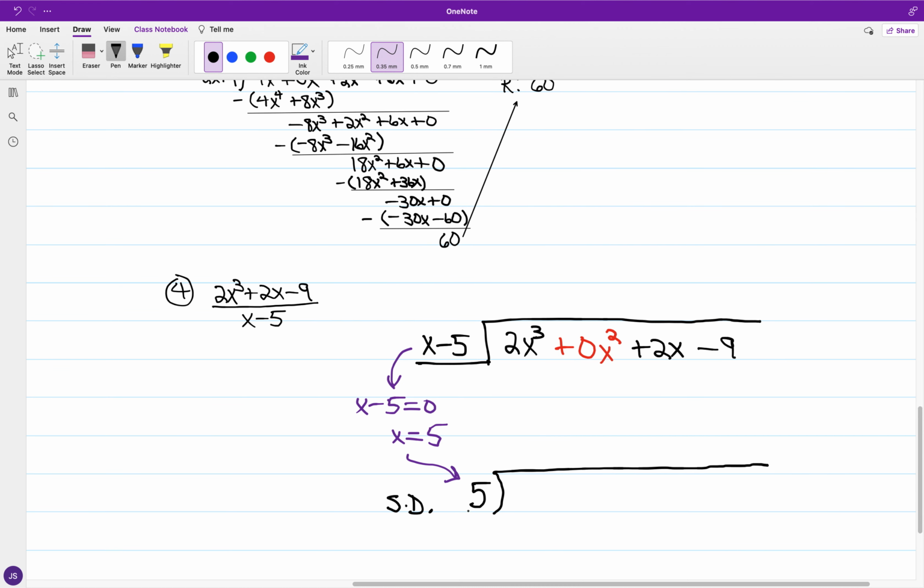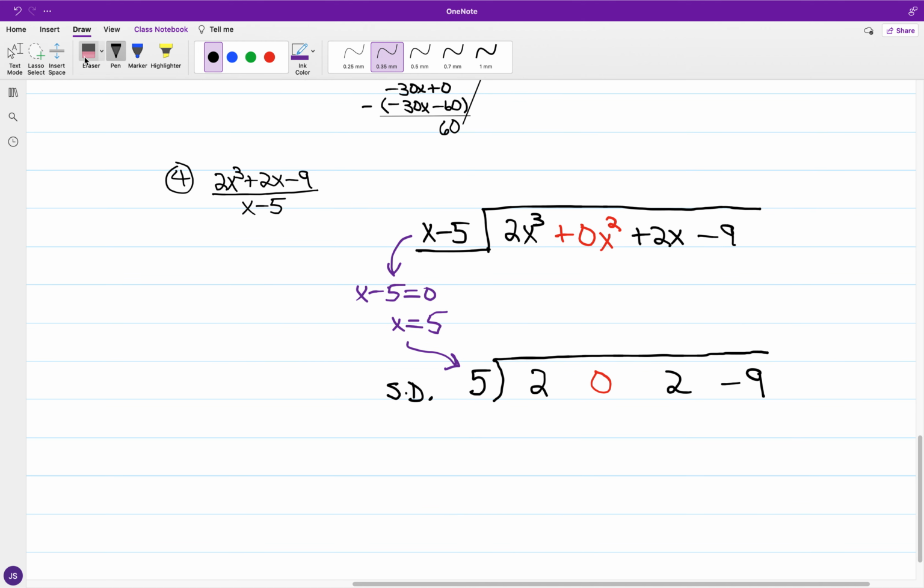So I have the 0 value at 5, and for the coefficients of the dividend, I have 2 for the x cubed, 0 for the missing x squared, 2 for the first order in x, and negative 9 for the constant.